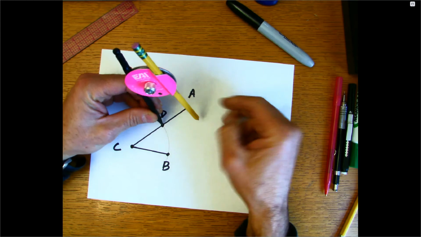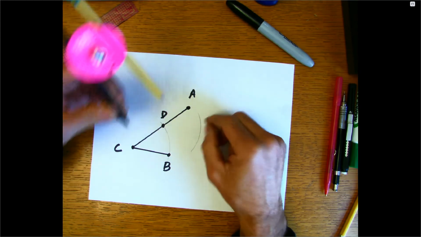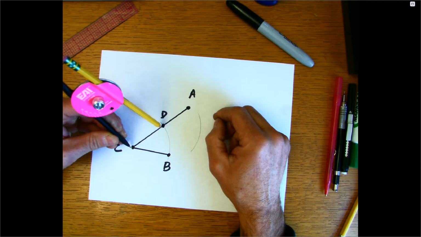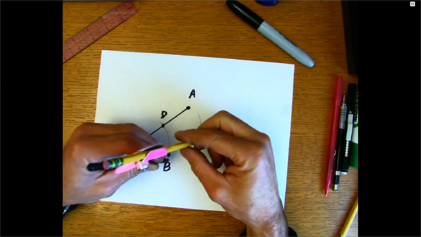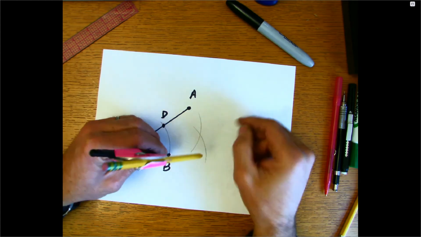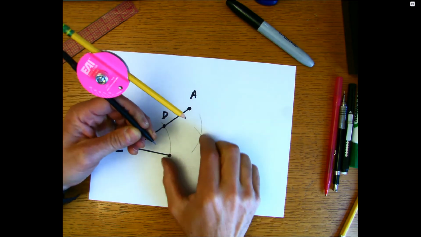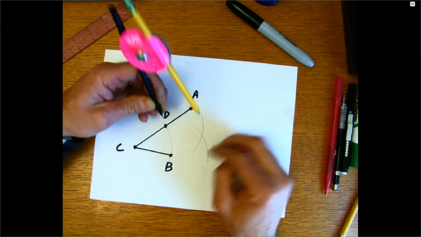So I'll put the point of my compass on D and scribe an arc. That's a set of points that are the same distance from D as C is from B. And then when I put my compass point on B and scribe an arc, there's a set of points that are the same distance from B as C is from B, as D is from C, and as D is from this arc.